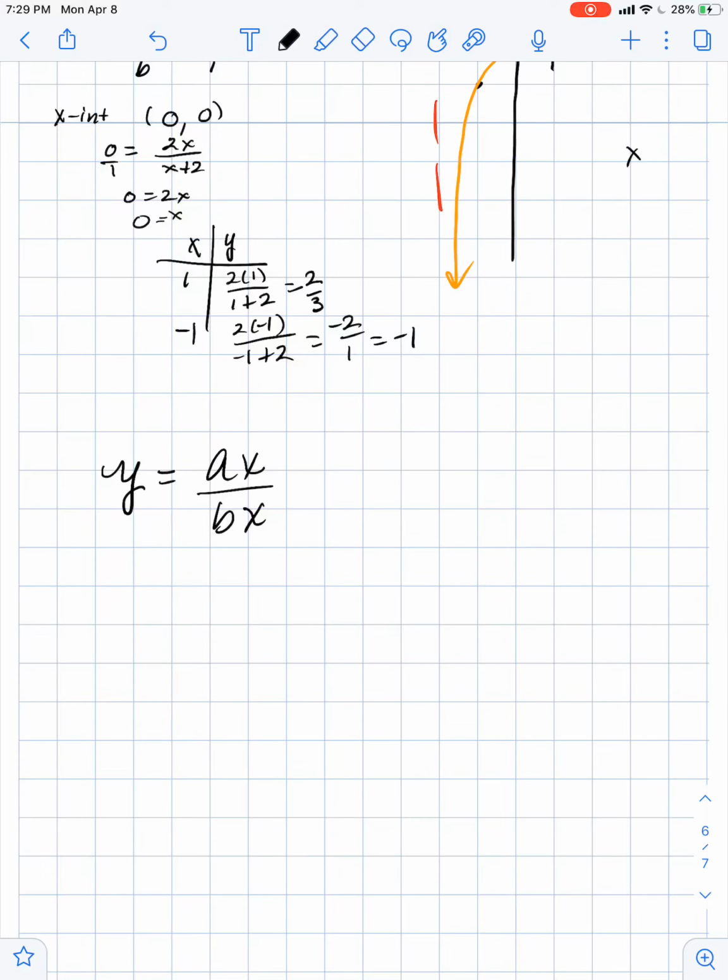This time your vertical asymptote is going to be your denominator, but your horizontal asymptote is going to be a over b. So y equals a over b. That's the part that's going to change. Then we're going to look at a couple more things here.